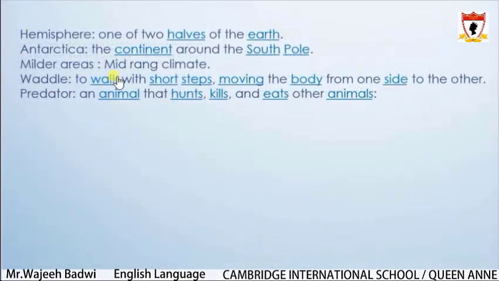So here are some words that you may not know the meaning of. Okay, so hemisphere, which means one of two halves of the earth. Antarctica, the continent around the South Pole. Milder areas, mid-range climate areas.